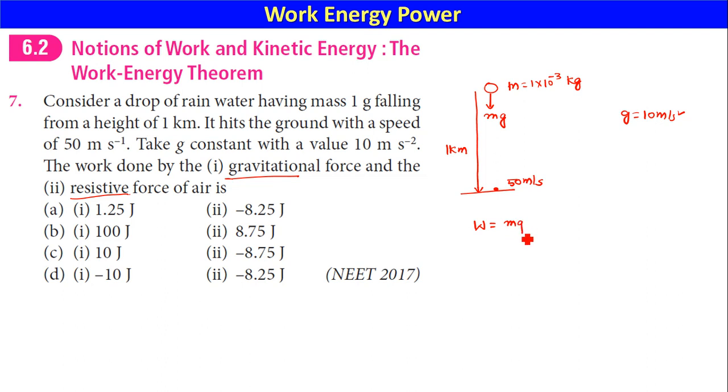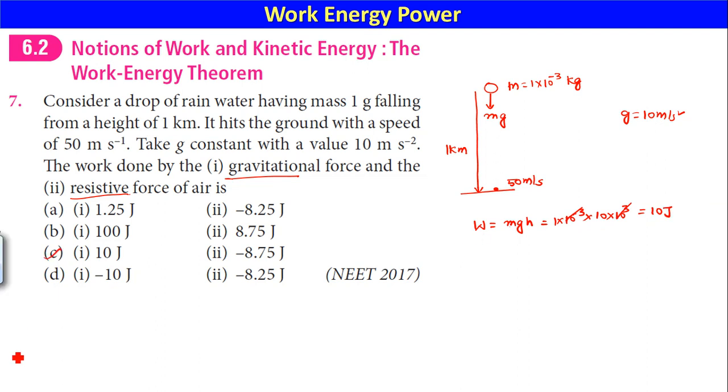Mg is the force and displacement is h, and both of them are directed downwards, so cos 0 is 1. That's why I'm not worrying about it. What is the mass of it? 1 into 10 power minus 3. What is the g value? 10. What is the height value? 1 kilometer, 10 power 3. This 10 power 3 and this 10 power 3 get cancelled. That is equal to 10 joules. Alright, so option C is correct.